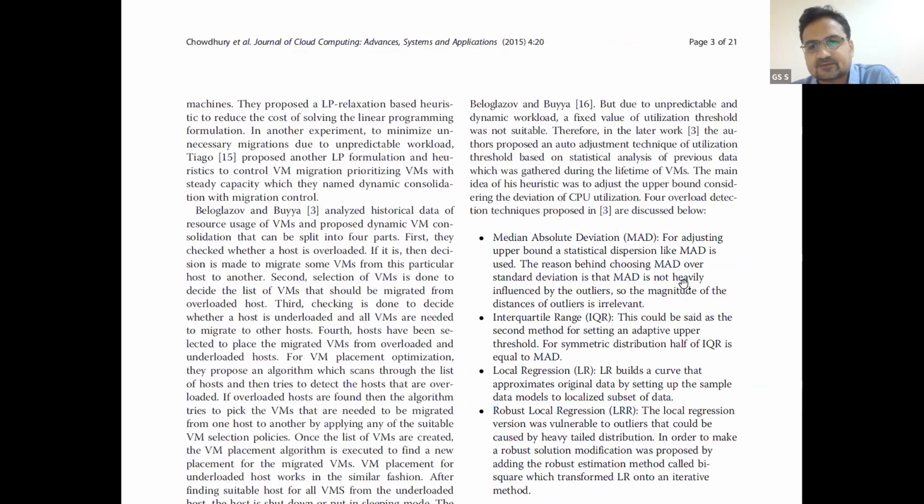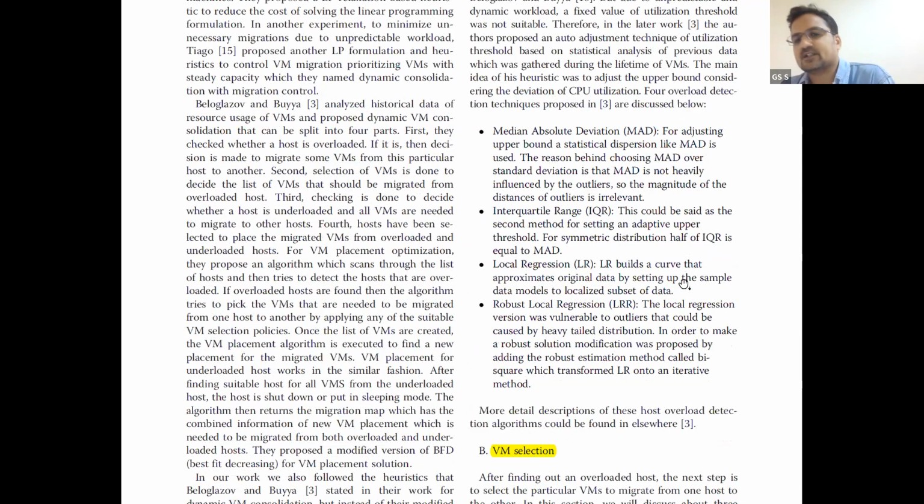So let me come to VM placement algorithms. VM placement requires multiple sub-utilities. The first sub-utility is that a VM should be kept at a physical server.